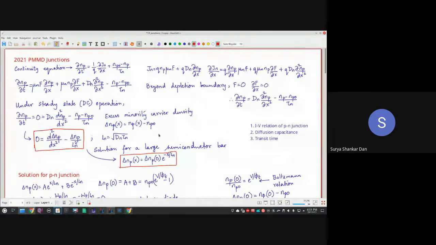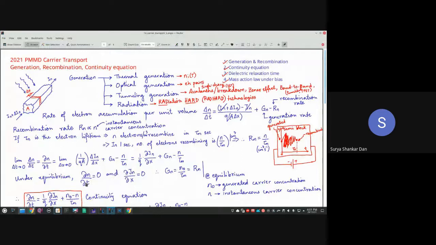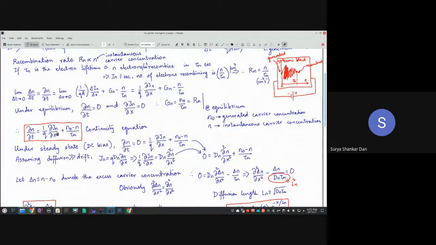Okay, so before we go into this, we will look into the lecture on the continuity equation just before the midsem. Over there, we remember this was the generation recombination equation, and this was the continuity equation.